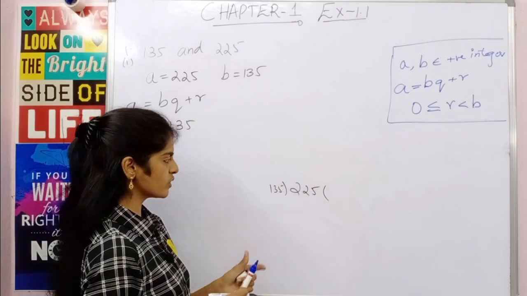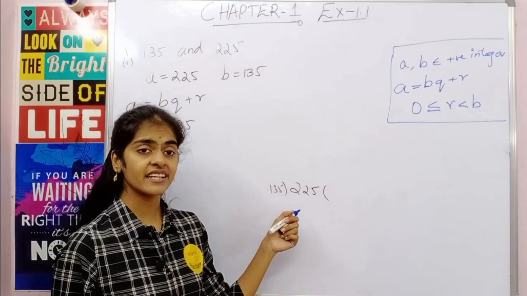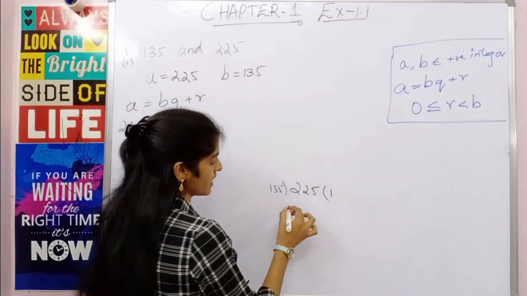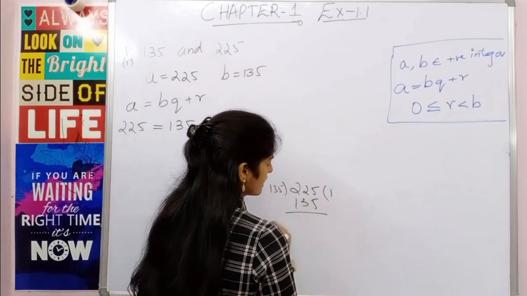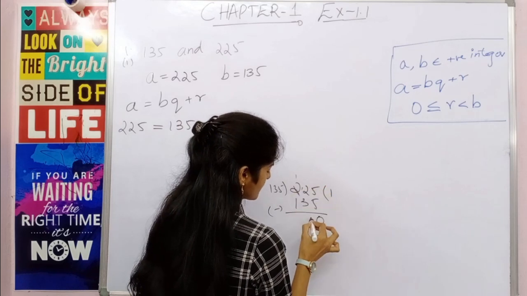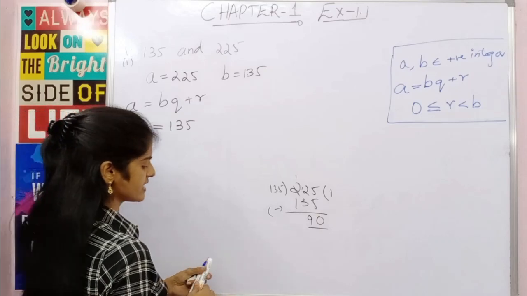You know that 135 twos is 270, but here you have 225, which means 135 will go only one time. Subtracting 135 from 225, you get a remainder of 90.